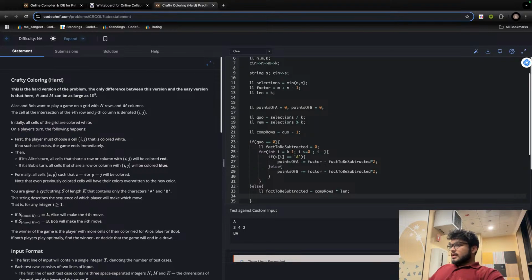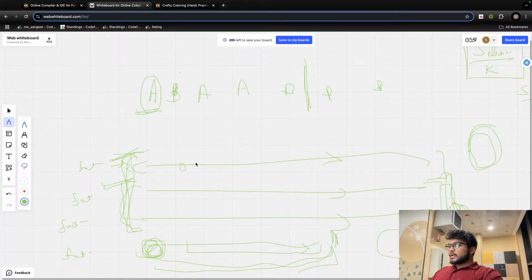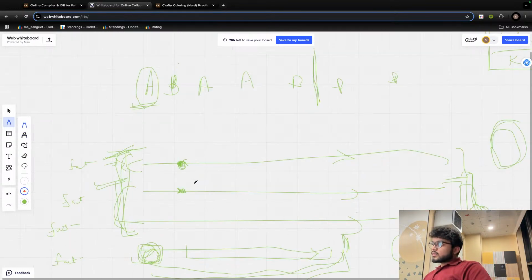So this factor, and also we've got to add, what do we have to add? From this, we will subtract all of this. From this, we will not be subtracting all of this. So what is this value? This is an unprecedented complication.